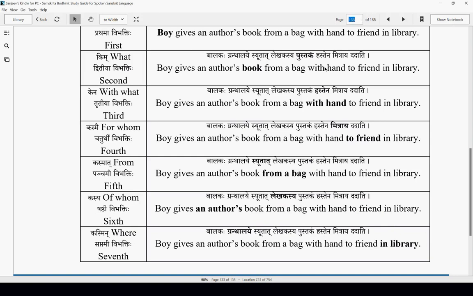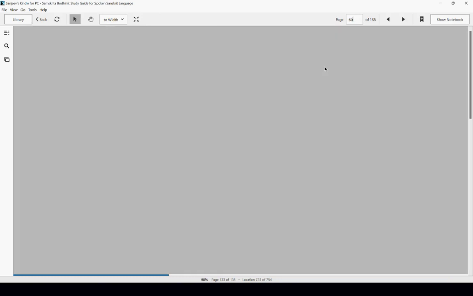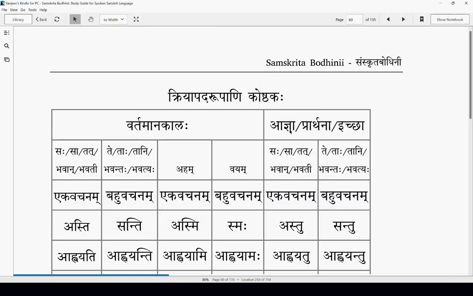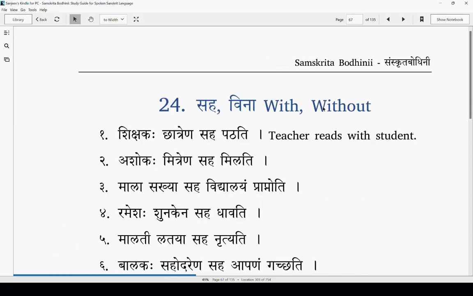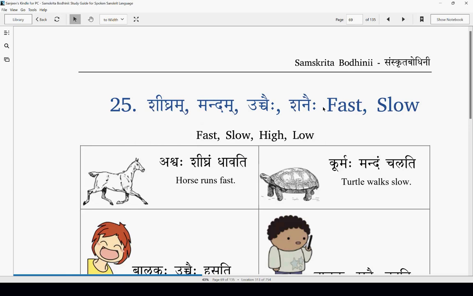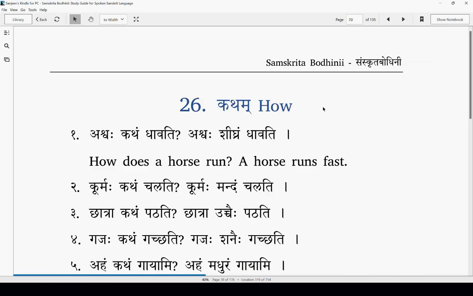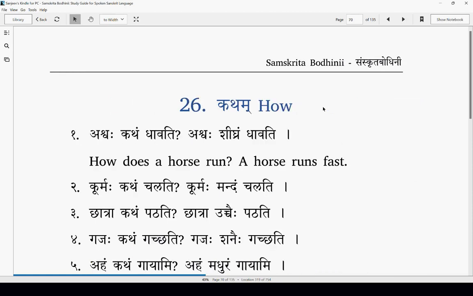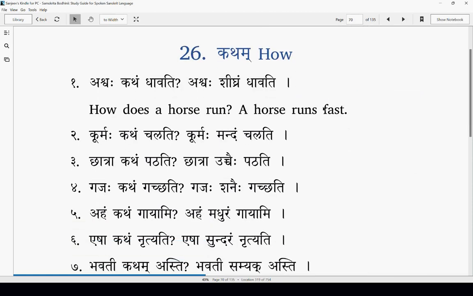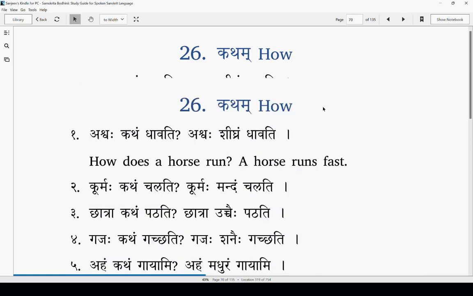Where were we? So after Shighram Mandam Uchchaishanaihi, I think we also read Katham. Katham is how. Ashva Katham Dhavati, Ashva Shighram Dhavati.